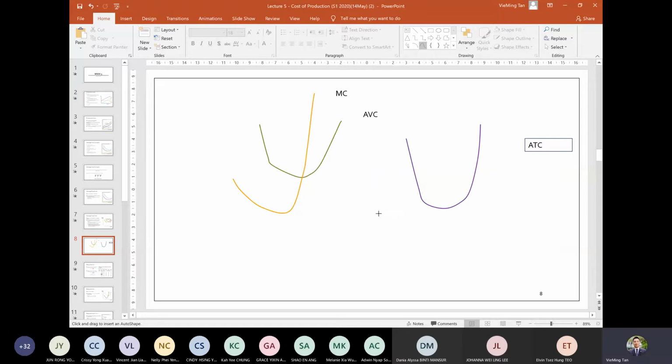So how does the marginal cost look like? The marginal cost at first will reduce. And it will cut the average total cost when the average total cost is at the minimum point. Not so nice. Hold on.